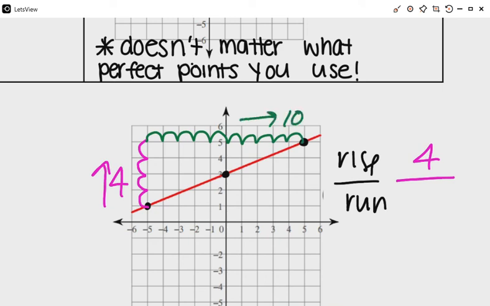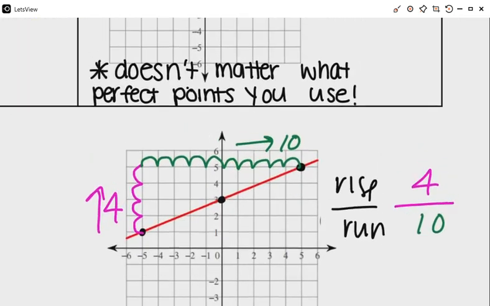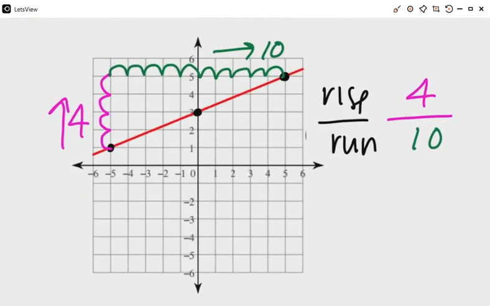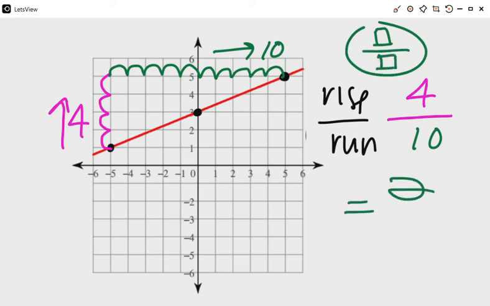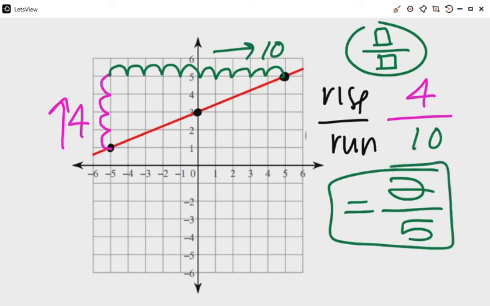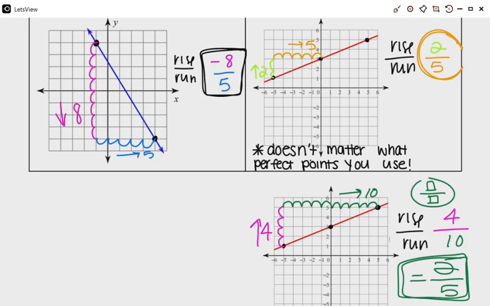Whew, that was so many. 4 over 10. This fraction can simplify, okay? Put it into Desmos. Click on this button, and it will tell you that your slope simplifies to 2 over 5. Okay, which look at that. Same thing as we got before.